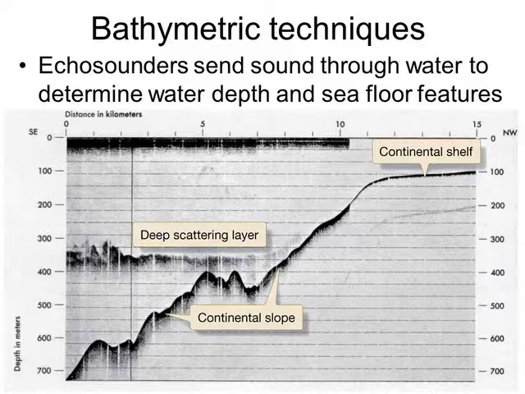In this particular graphic right here, you can see that they were mapping the continental shelf and the continental slope. You can see the nice shelf and the nice slope, but they see this additional layer right above the slope, which they're calling a deep scattering layer.